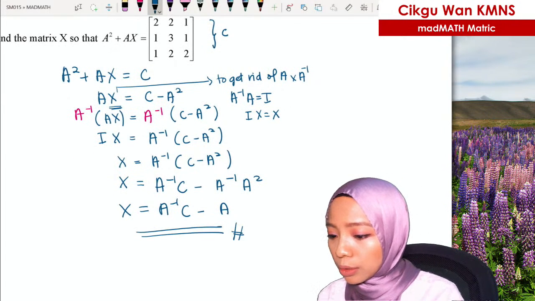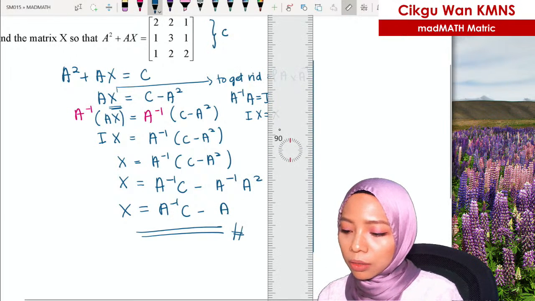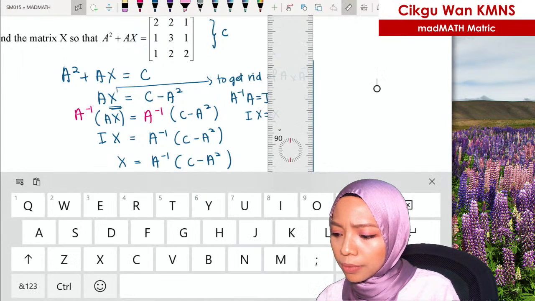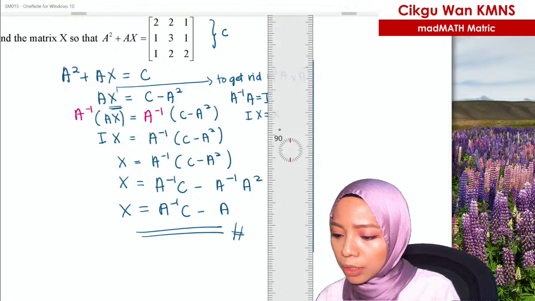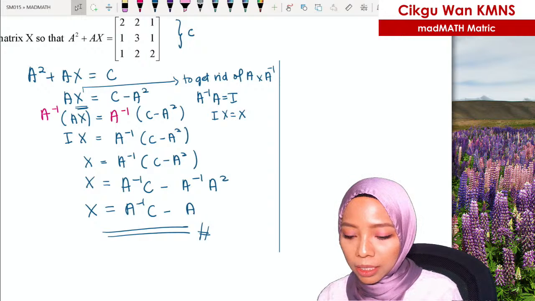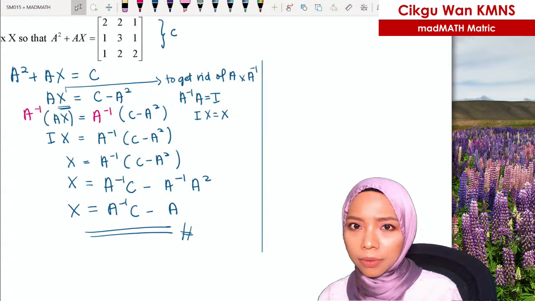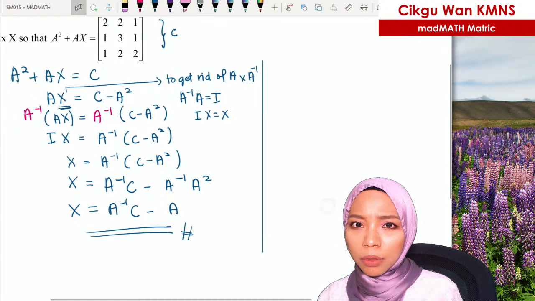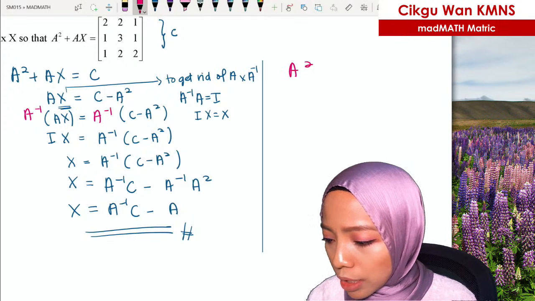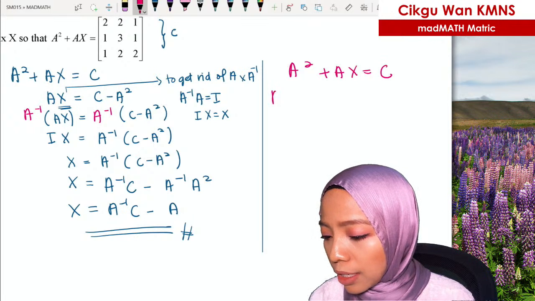Okay, kalau yang satu lagi tu, kalau you tak nak bawa kan. Okay, kita bawa pergi belah sini. Padam balik ruler ni. Okay. So kalau tadi soalan A square plus AX equals to C, and then we multiply with A inverse pun boleh juga.